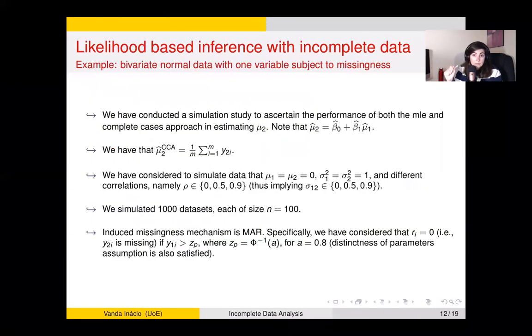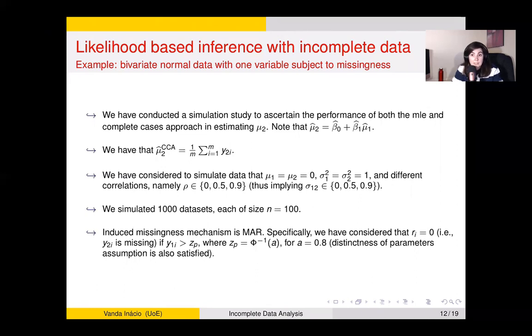And that's it. This example is the typical textbook example in likelihood based inference for incomplete data, because it makes use of the trick of the factorization of the observed data likelihood. And it also emphasizes the patterns of missing data, and here the pattern is simple, right? We only have two variables, and one of the variables is incomplete.